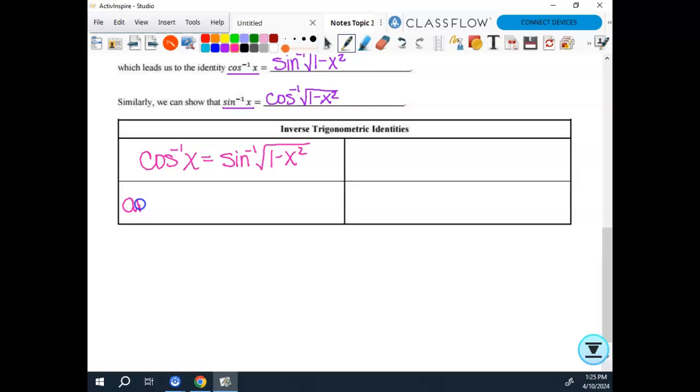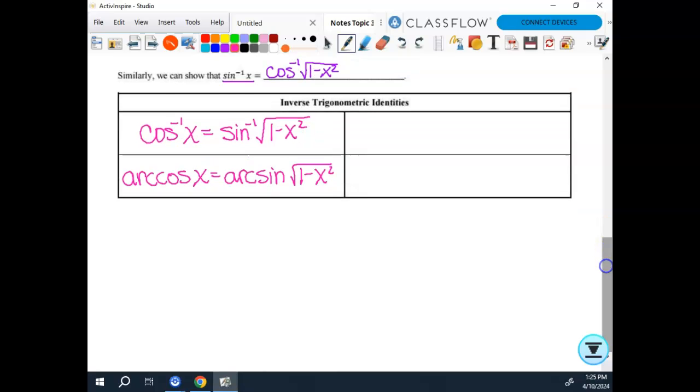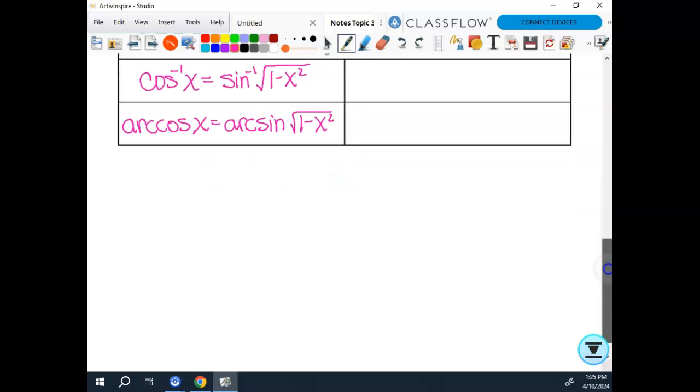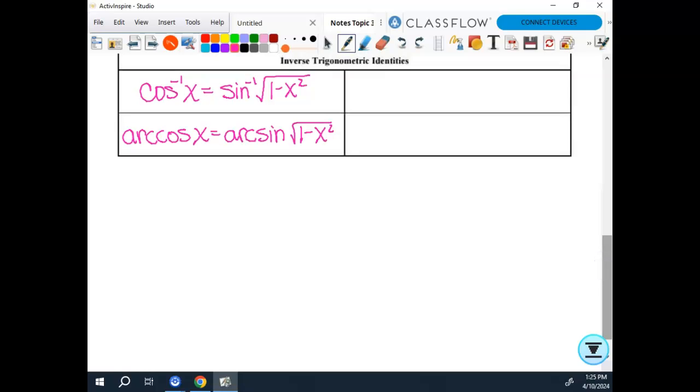which means the sine of x equals the arc sine, the square root of 1 minus x squared. Because remember, arc sine, same as the inverses, right? And then let's write these over here.